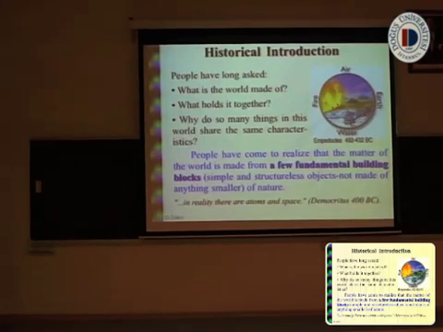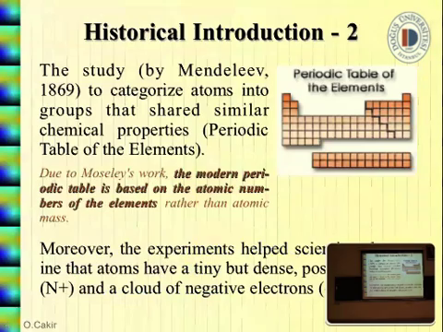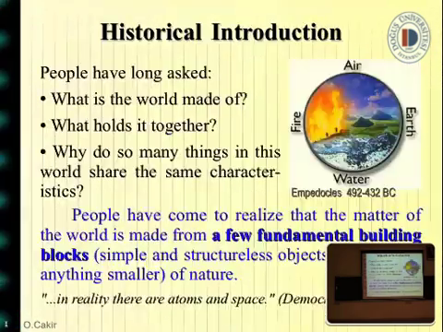There is some categorization or classification: Empedocles says the universe is made of four elements, four things: air, fire, earth, and water, in 400 BC.